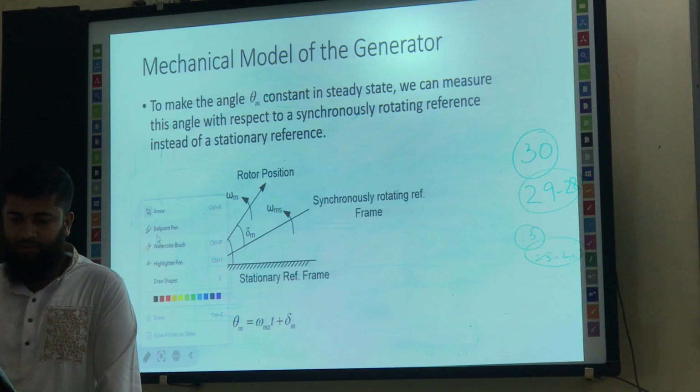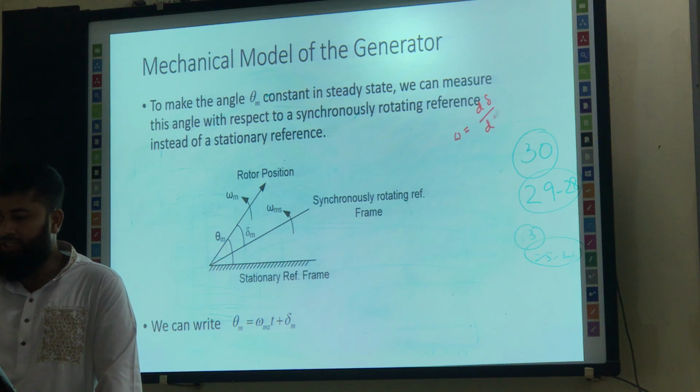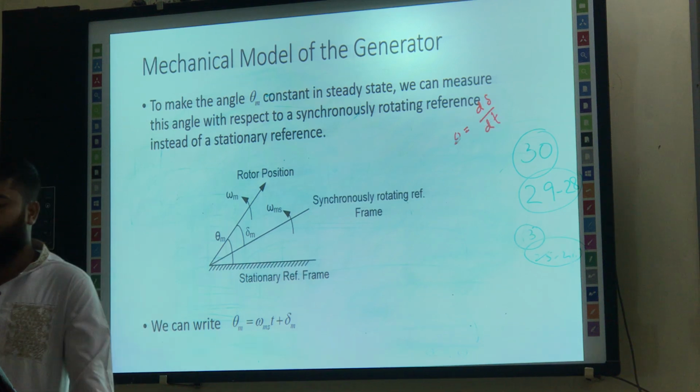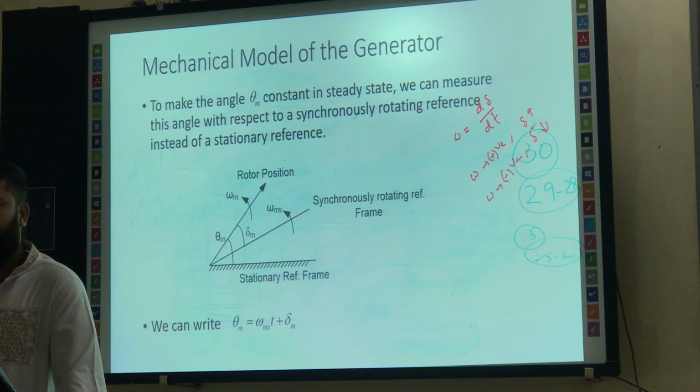You may think that, as you know, omega is equal to d delta over dt, right? So we may think that whenever omega is positive, delta should be increasing, and whenever omega is negative, delta should be decreasing. But this relationship is not that straightforward. Actually, this is not the correct way to represent it.